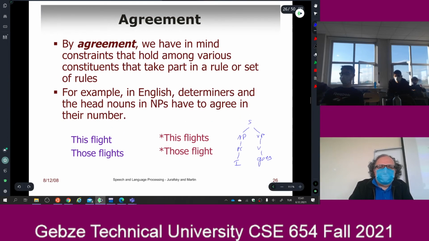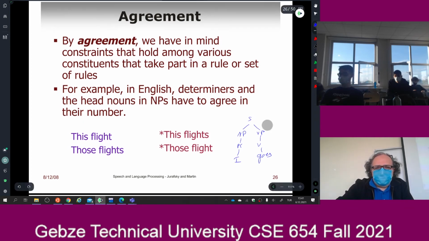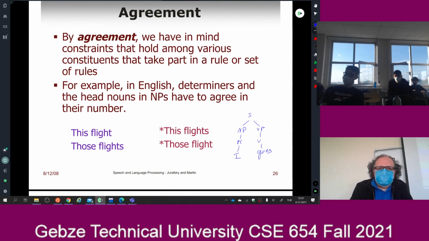The agreement should be inside between the noun phrases and the verb phrases. Agreement should be within the noun phrase itself. I mean, you wouldn't say this flight or those flight. You would say this flight and those flights, right? So the agreement should be satisfied, otherwise grammatically these are not correct sentences or correct phrases.